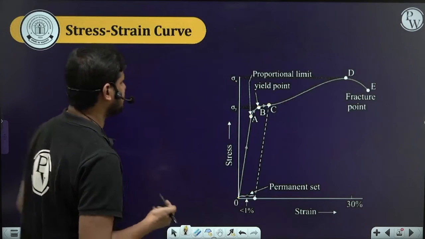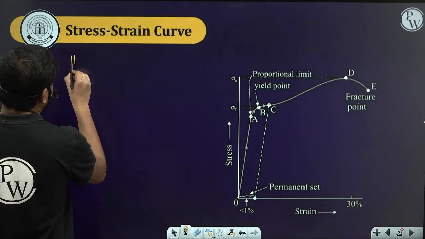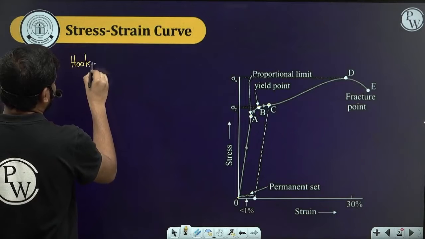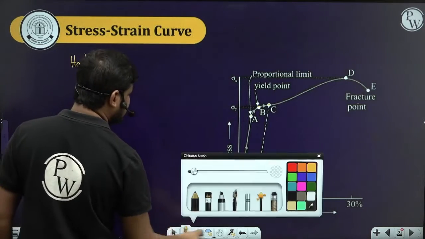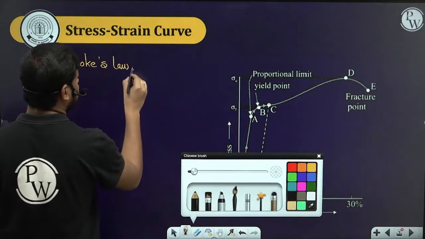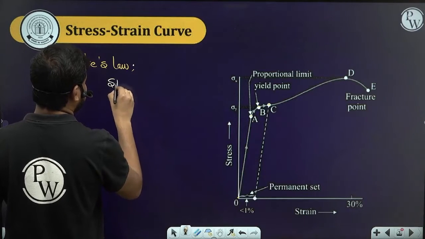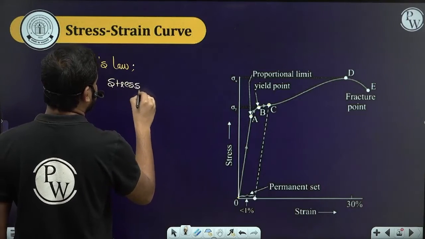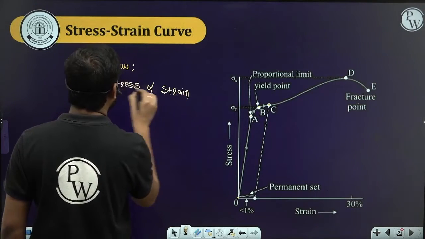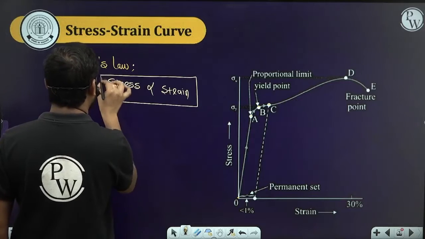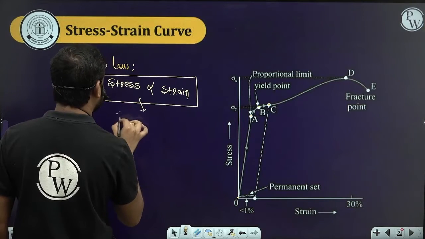That we'll discuss. We already studied Hooke's law, where the stress is directly proportional to strain. So the stress strain curve looks like a straight line, right? The graph shows a straight line.